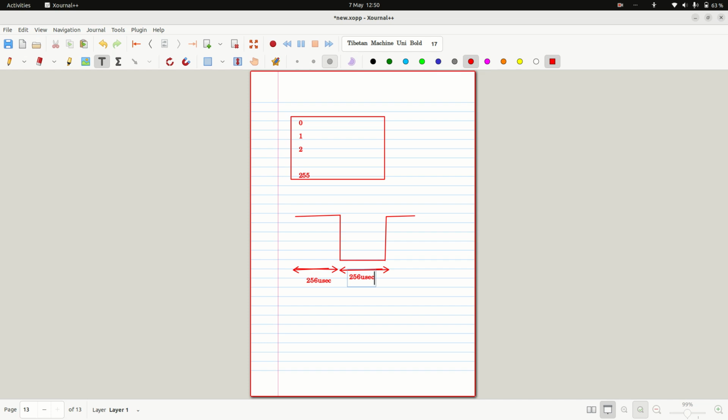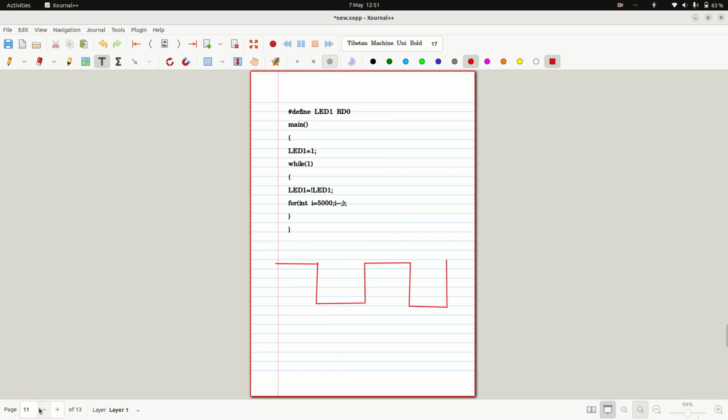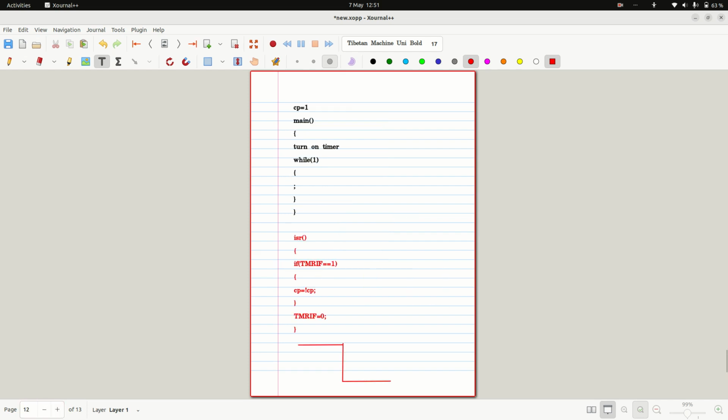So here after this I am going to write TMR equals to 252. TMR equals to 252.